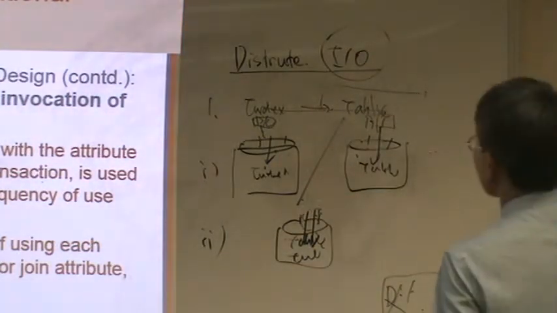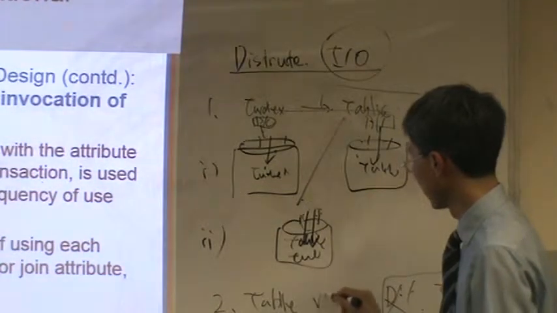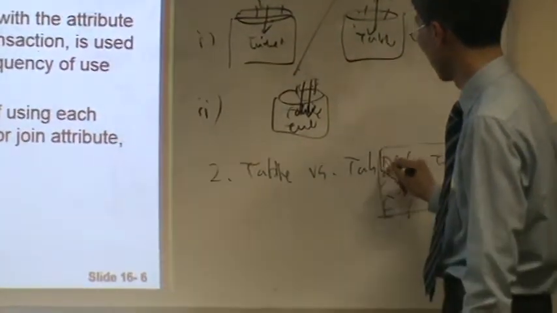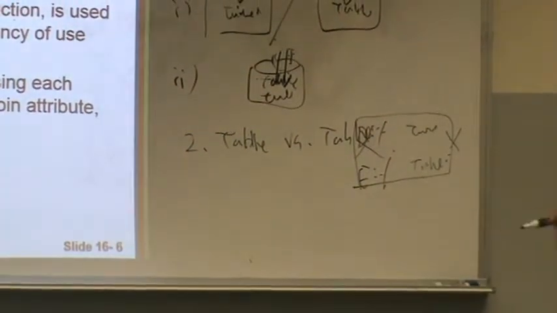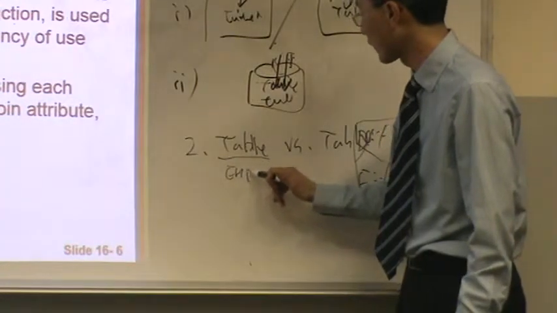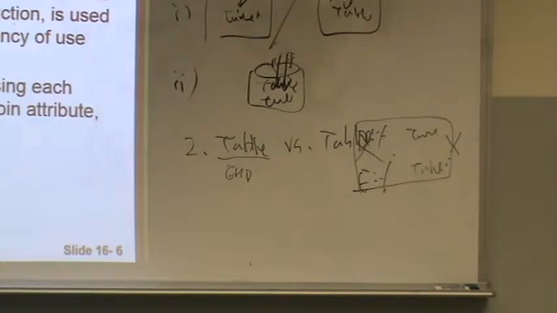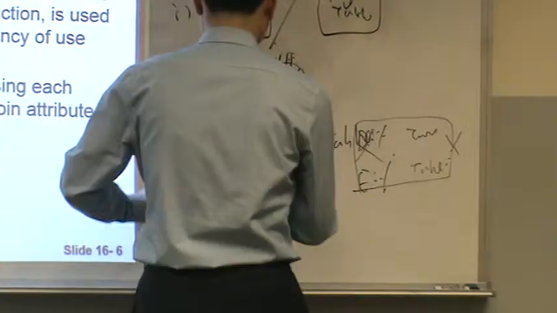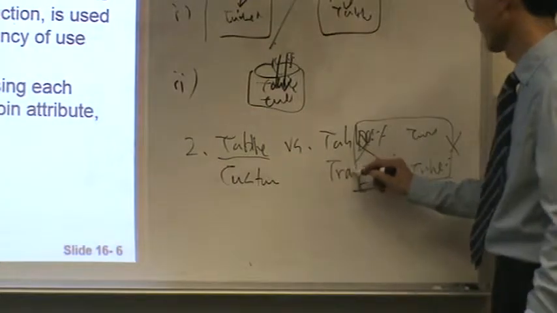Also, sometimes tables, okay? For example, this table is the employee and customer. For example, customer, employee, customer. Customer, and this is a transaction.